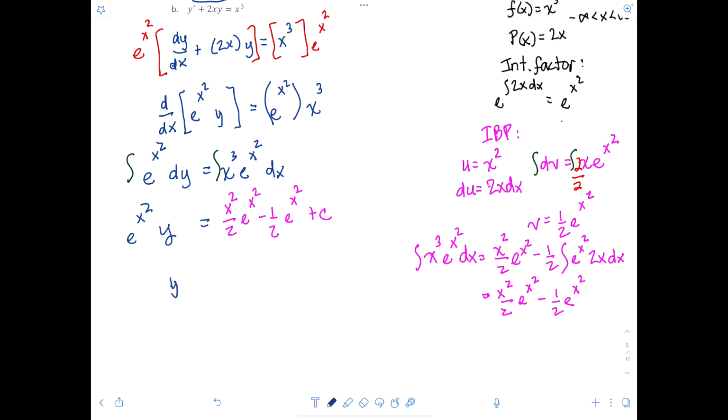So then, isolating y, we're going to multiply e to the negative x squared through these. So times x squared over 2 e to the positive x squared minus e to the negative x squared times 1/2 times e to the x squared, and then plus c e to the negative x squared.